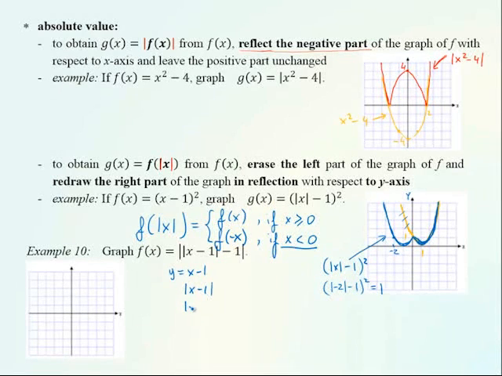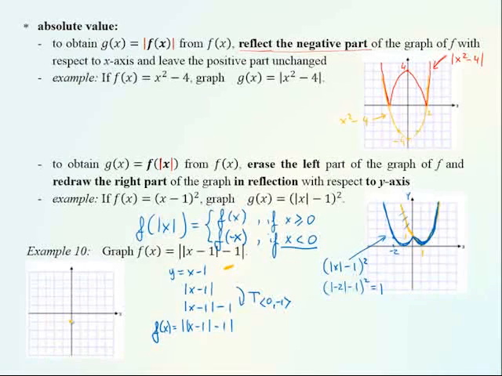Then we subtract 1 outside of the function, which means we use translation by the vector (0, -1). And finally, we apply absolute value to the previous function to get f of x. So let's start with the original function in yellow.